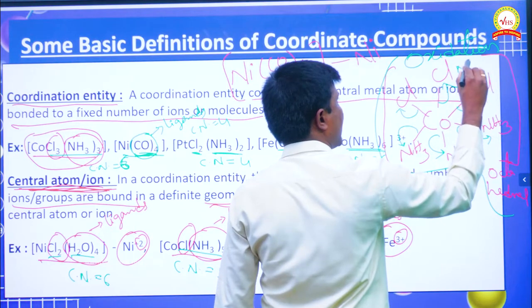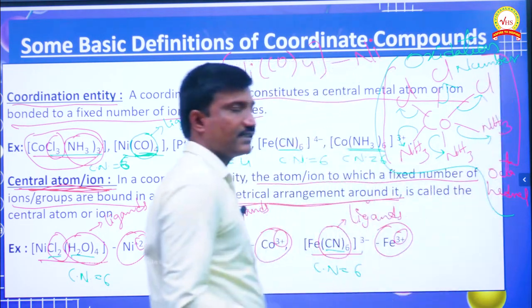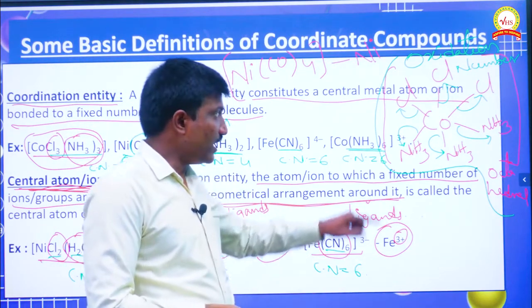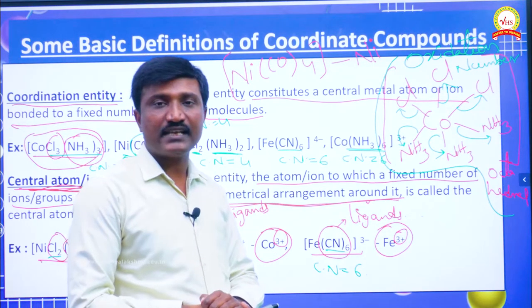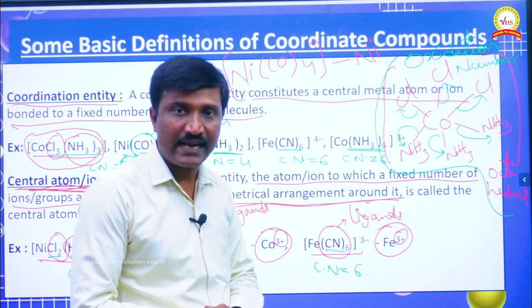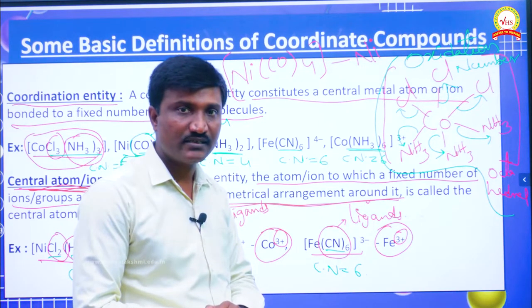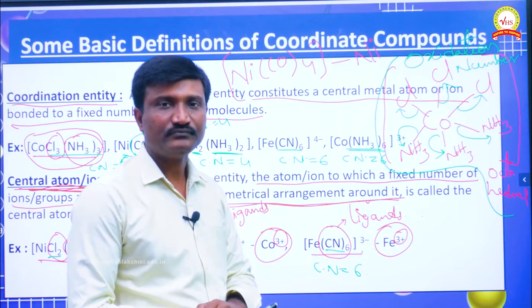Since each and every central metal atom has a fixed number of ligands, meaning the coordination number is constant, its oxidation number is also constant.